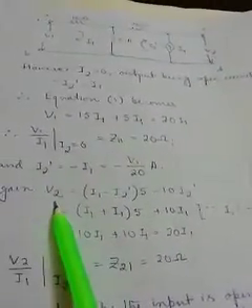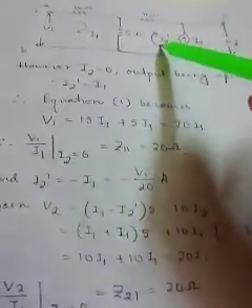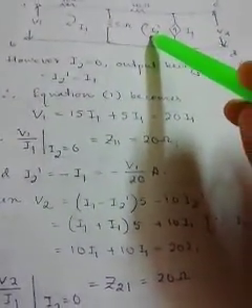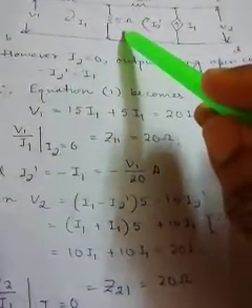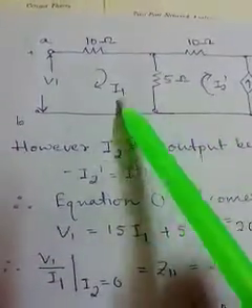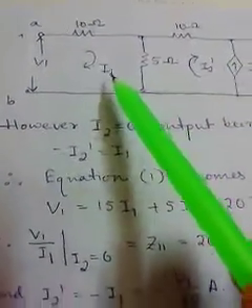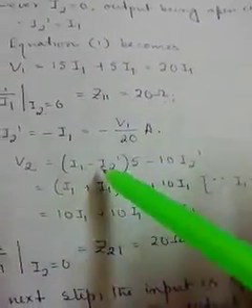Now again we form the second loop equation, the equation for this loop. Here we observe I1 minus I2 prime into 5. This resistance carries both currents, so the effective current is the difference of these two currents, into 5, minus 10 I2 prime.